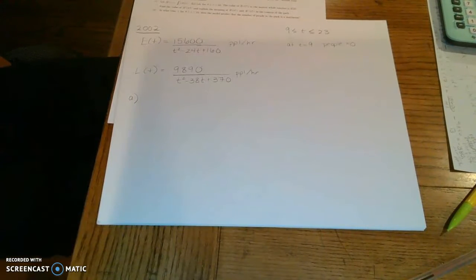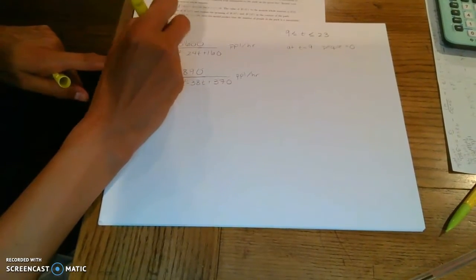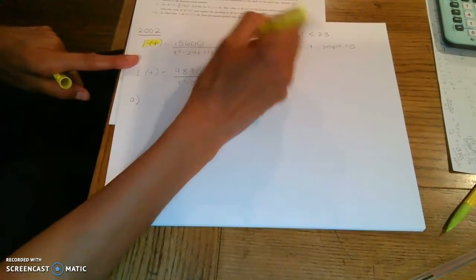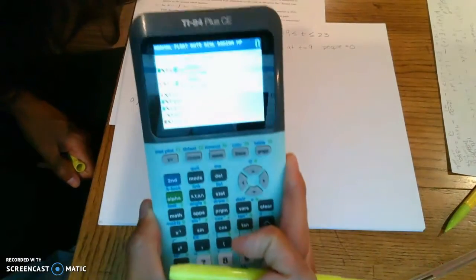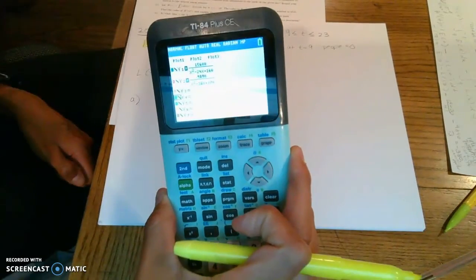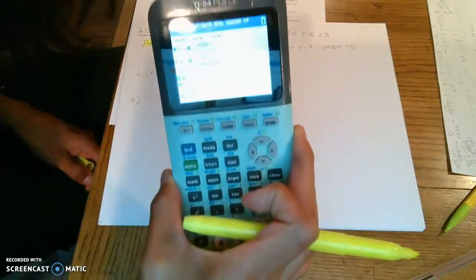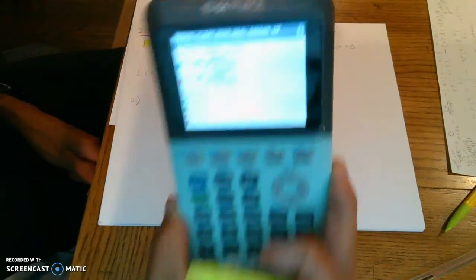So when you read this, it says at the rate at which people enter an amusement park, and they give me E of t. So I already know this is a rate, and this is being measured as people per hour. Now I already wrote down the information, and because you're going to use your calculator for these, I went ahead and plugged those two equations into y1 for E of t, and y2 is carrying L of t.